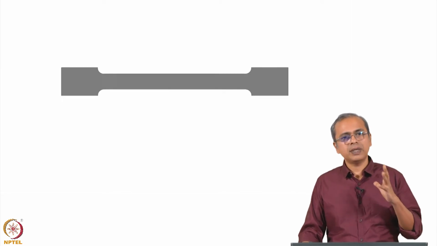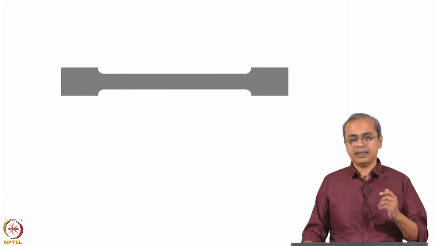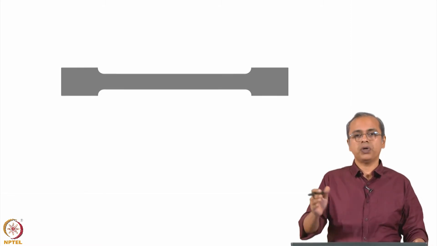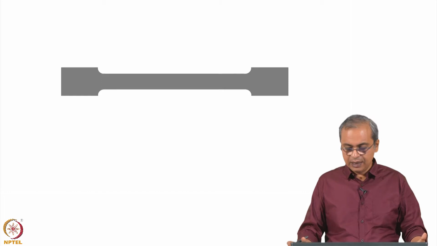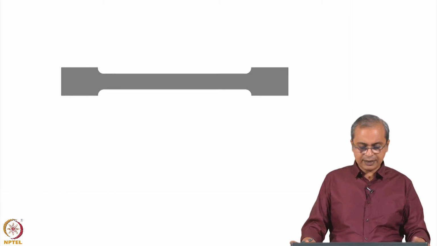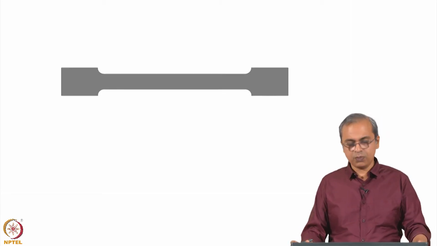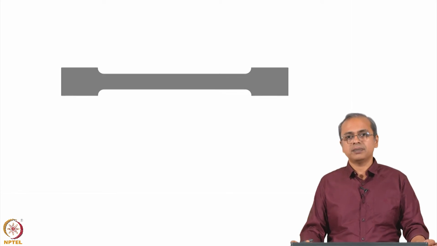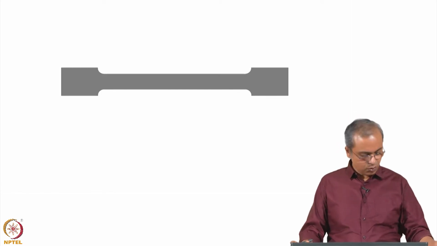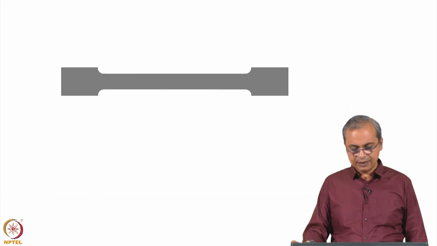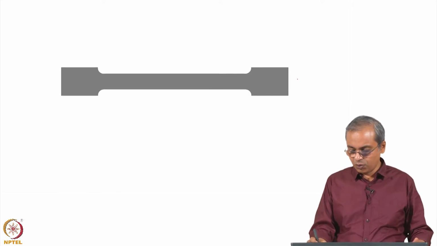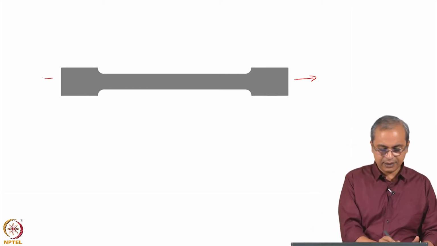Just looking at elongation does not convey a clear enough picture as to when you should call something superplastic deformation. So, to look at it a little more, let us assume that you have a dog bone shaped sample that is being subjected to a tensile test. When you do a tensile test, you are applying a load in this direction and this direction.